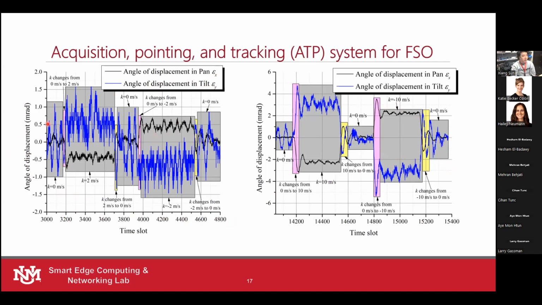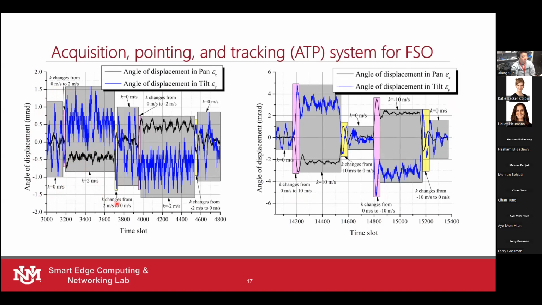Here we can see that there are several portions of the stage. First, the UAV, in terms of the red spot, is static. Then it has an acceleration stage to accelerate its speed from 0 to 2 meters per second, and uses constant velocity to move towards the other direction.